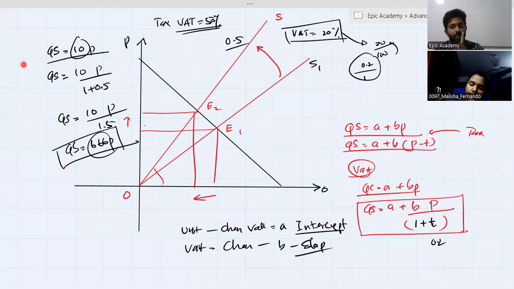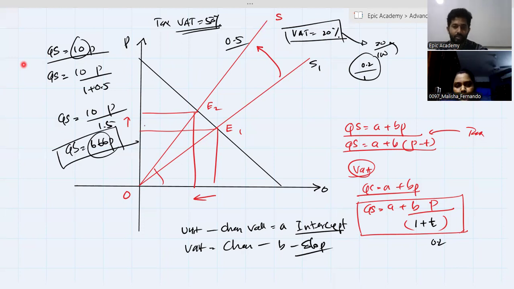If you are using a unit tax, after calculating this unit tax for the supply equation, the value of A must be changed, I mean the intercept must be changed. But if you are going to calculate value added taxes for the supply curve, the B value must be changed. I mean the slope of the supply curve must be changed.